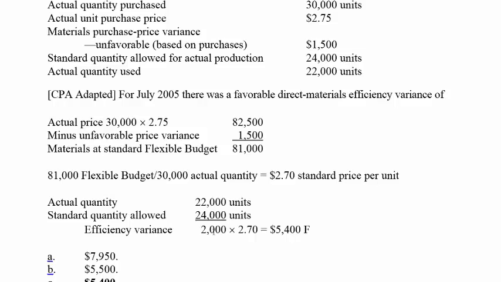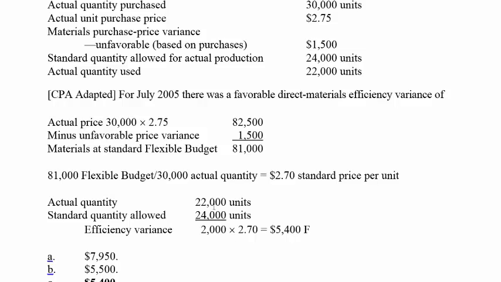24,000 means we used 2,000 units less, 2,000 units actual was less. And we can multiply that times our standard price.